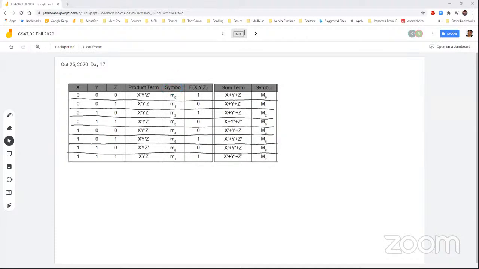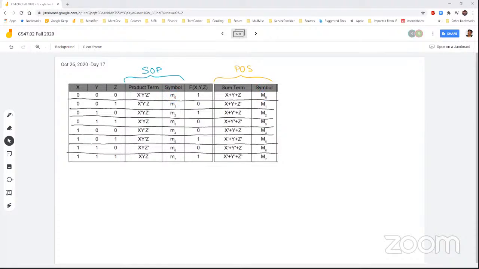Similarly for the POS: this one is related to SOP, sum of products, and this one is related to POS, product of sums, where we define the sum term and the symbol for that. They are basically the same. The only difference is that one is capital and the other is small, from a symbol perspective.